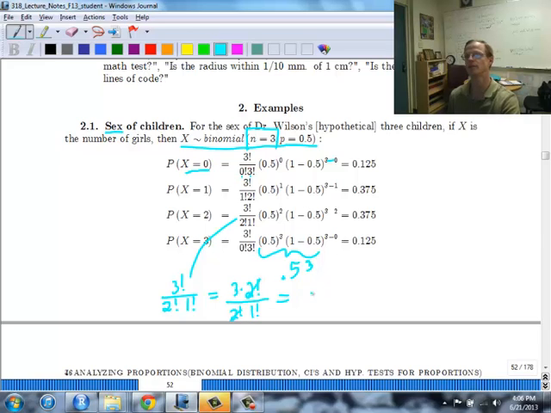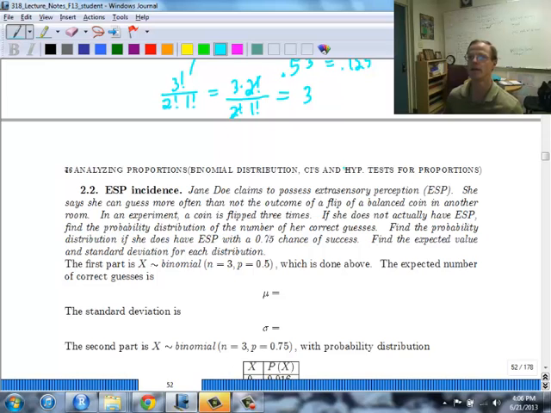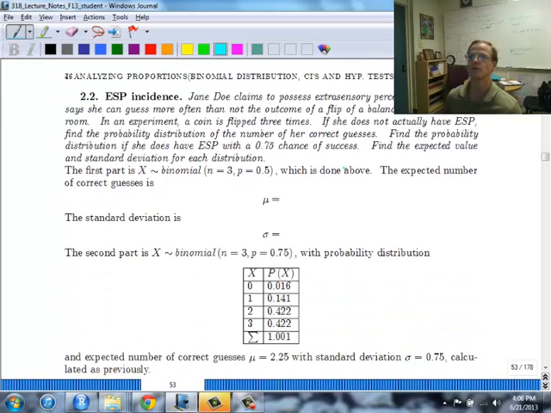So cancel, cancel. We're going to get 3. And then, of course, 0.5 cubed is 0.125. So 3 times 0.125, sure enough, gives me this. Otherwise, there's a 1 in front, so I'm going to get this. Okay, that one's covered.